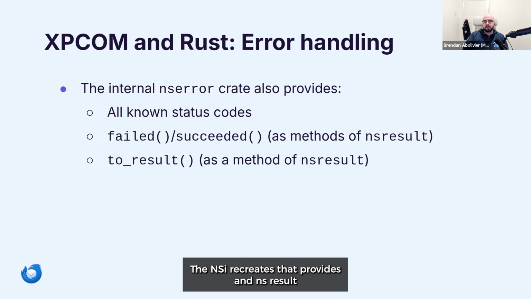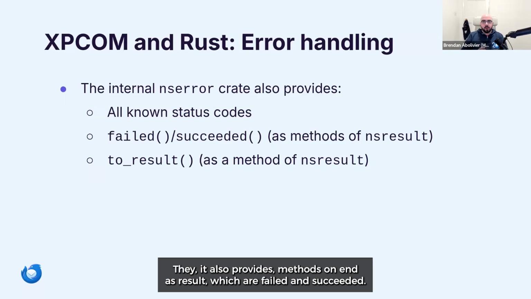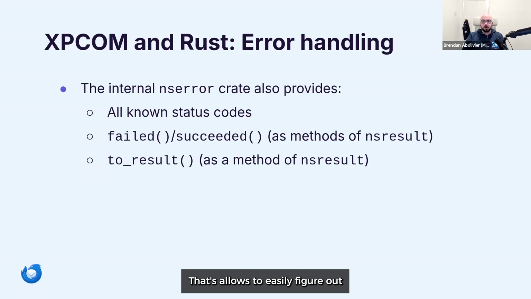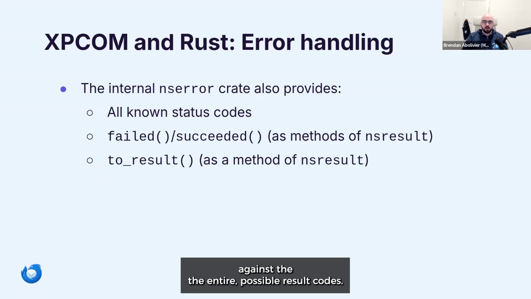The nserror crate that provides nsresult also provides a bunch of helpful helpers in addition to all the known status codes that I was mentioning before. It also provides methods on nsresult, which are failed and succeeded, that allow you to easily figure out whether a result is a failure or a success without having to compare against all the possible result codes.